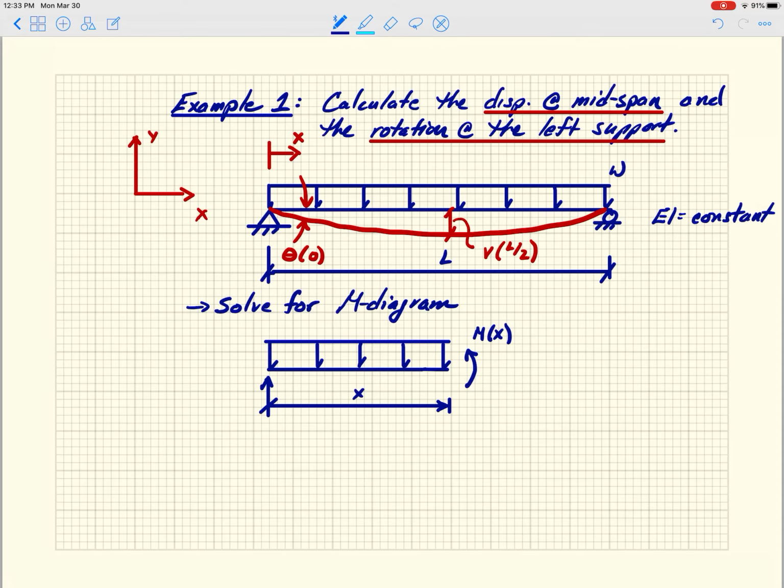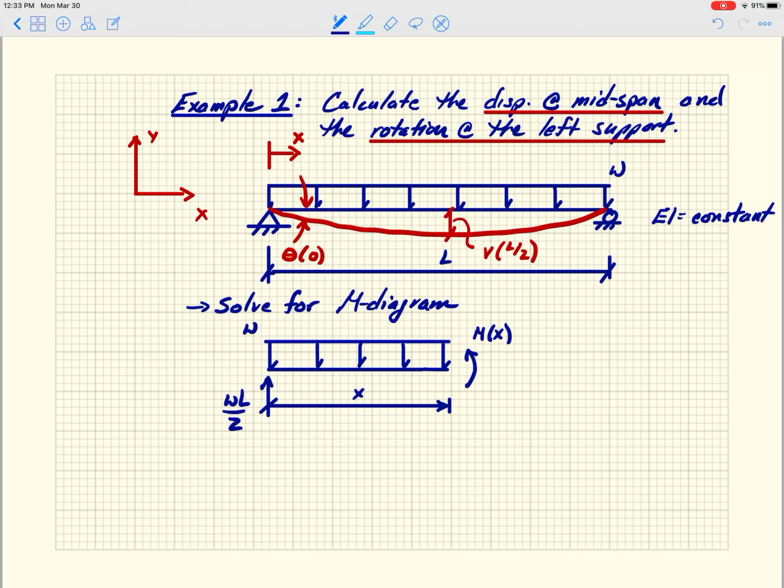Now you can draw the shear if you want to. We do not have to solve for it, so we're not going to. So this is omega, or W, and this is WL over 2. We've solved this problem many times before.